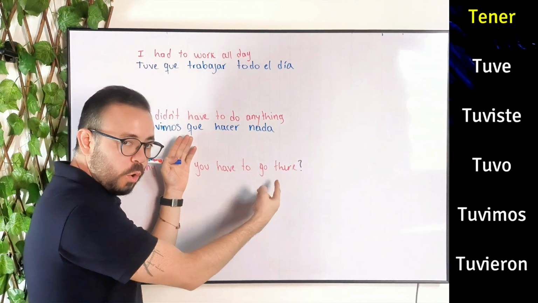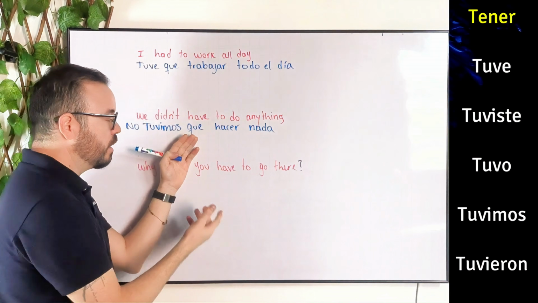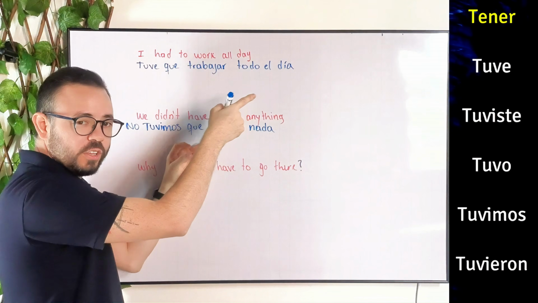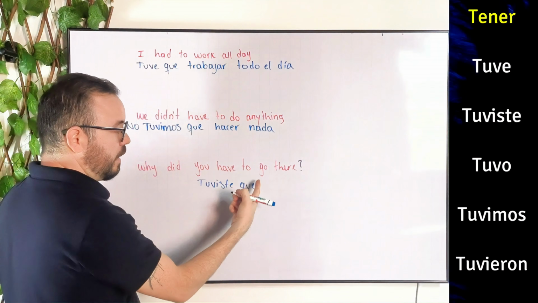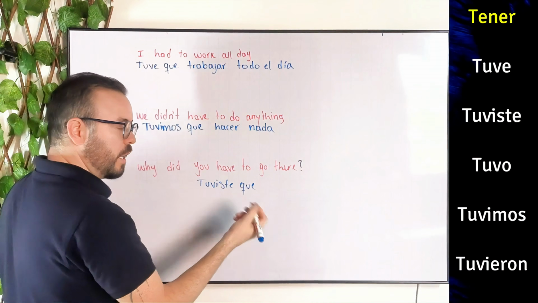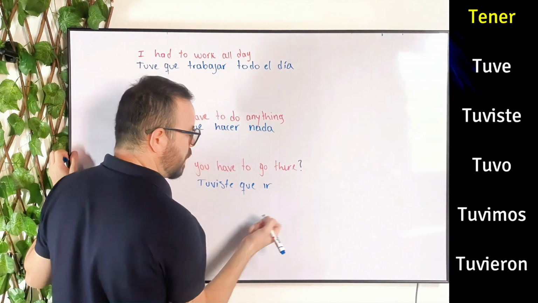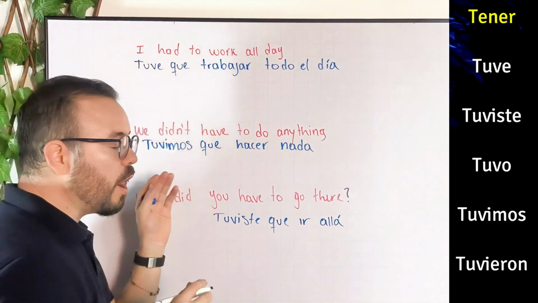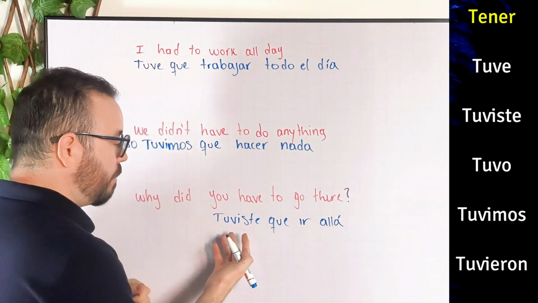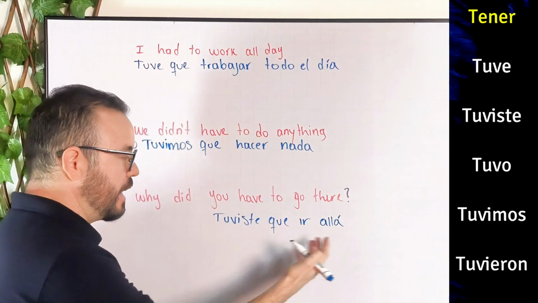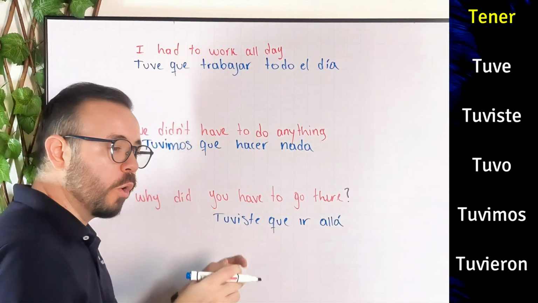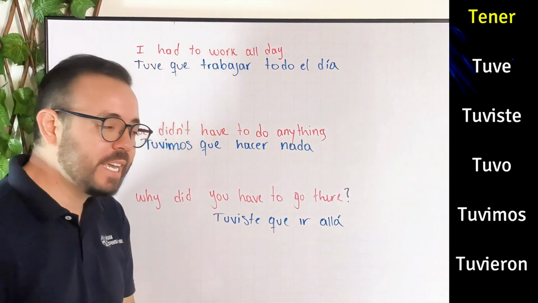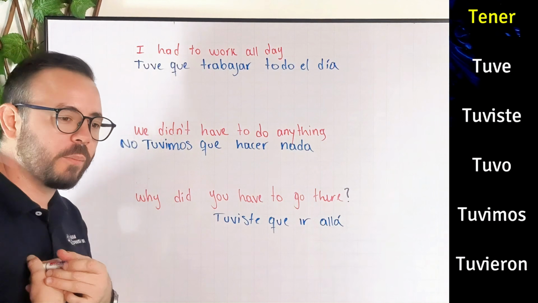That's what we had to say. So how do we say you had? It's just tuviste que, and then to go is just the verb in the infinitive form, ir. And then there in Spanish is just allá. So now we already have the positive form. This is tuviste que ir allá, or you had to go there. That's why we don't have did, because we're saying the positive form, okay?